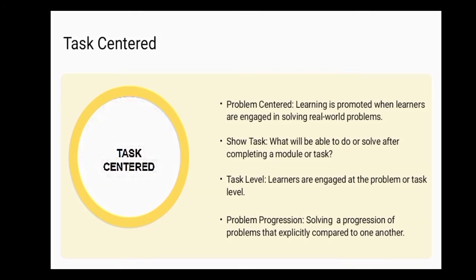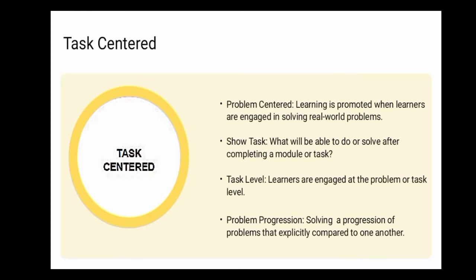Let's discuss the three corollaries of the task-centered principle: show task, task level, and problem progression. It has become common practice to state learning objectives at the beginning of a module or lesson material.